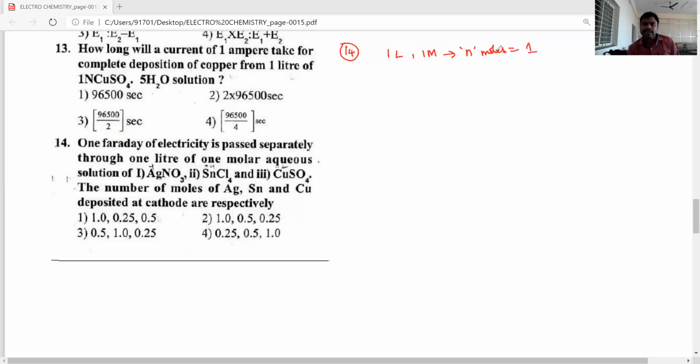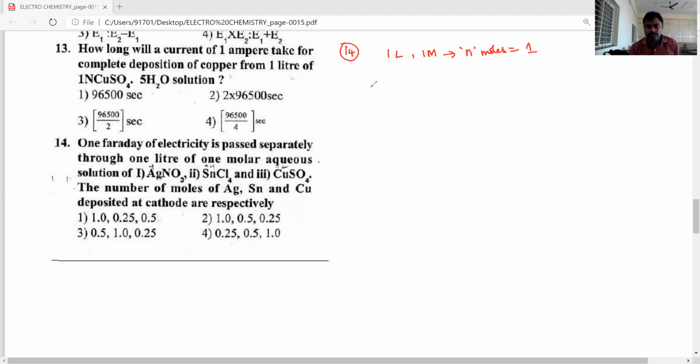Whatever the solute may be, the number of moles of solute is equal to 1 mole. But 1 Faraday we are passing, then that number of moles of silver from silver nitrate, tin from tin chloride, copper from copper sulfate will be deposited.